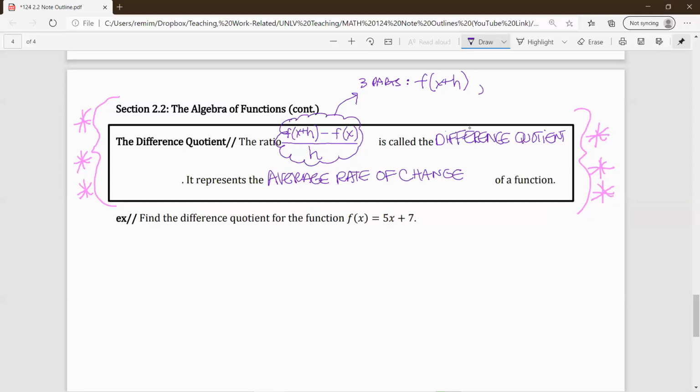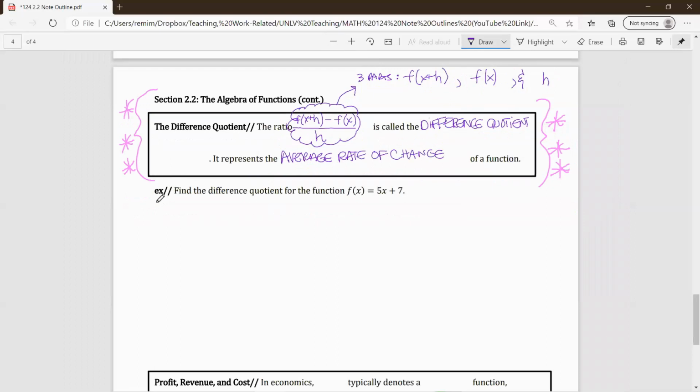I'm just going to write f of x. And the third part is this h in the denominator. And when you're doing these difference quotient problems, it might be a little bit easier to think of these three parts separately before you put them all together into one piece, okay?